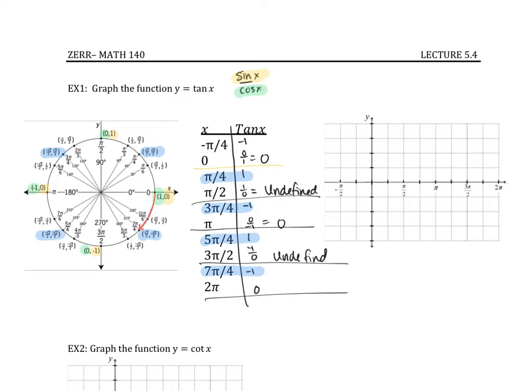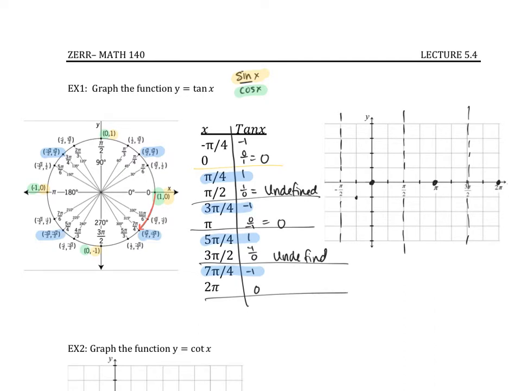Okay, so what ends up happening for our graph, we have these asymptotes at pi over 2 and another asymptote at 3 pi over 2. Oops, I forgot my other one at pi over 2. All right, and then we have x-intercepts at 0, at pi, and at 2 pi.